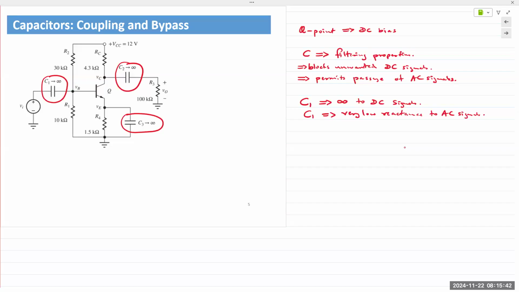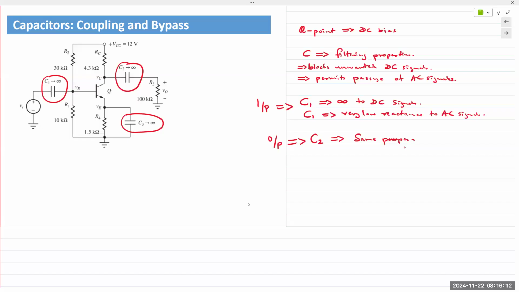And we attach a capacitor at the output to block that large DC component. And that's the purpose of C2. So C1 is connected to the input side, and the output side, we connect C2 for the same purpose.